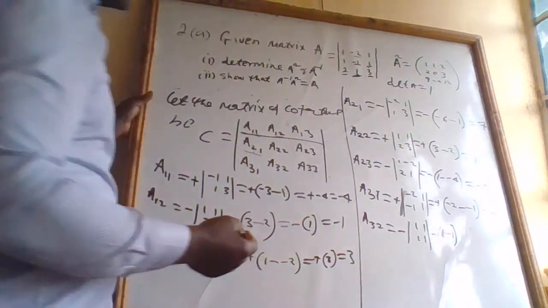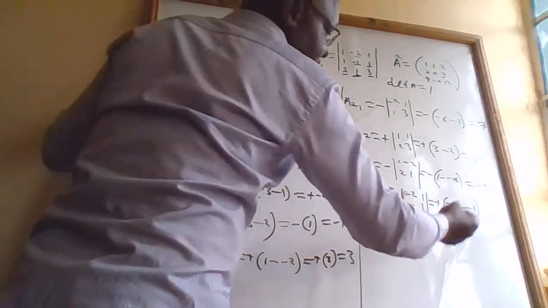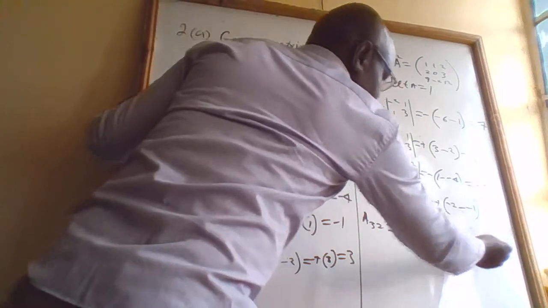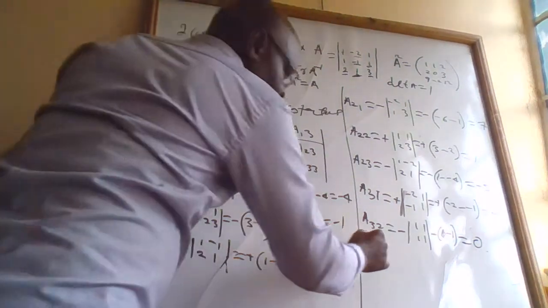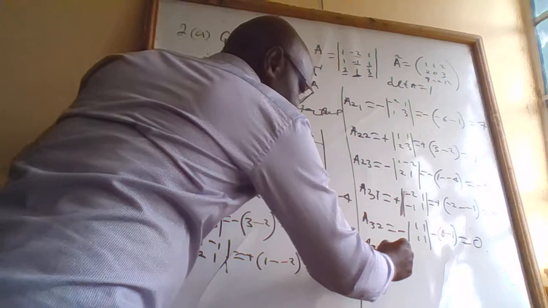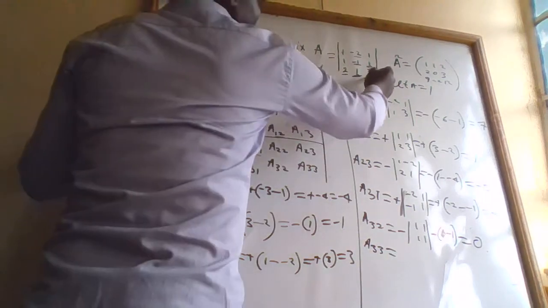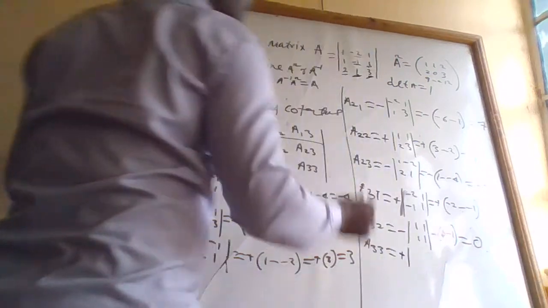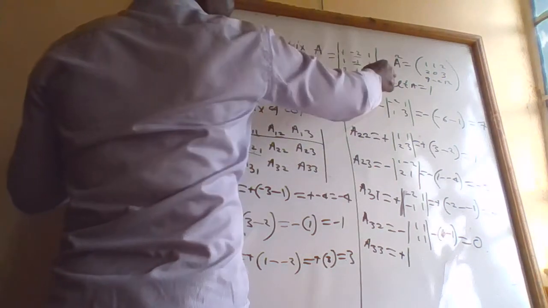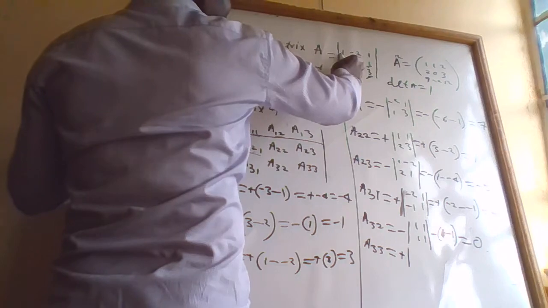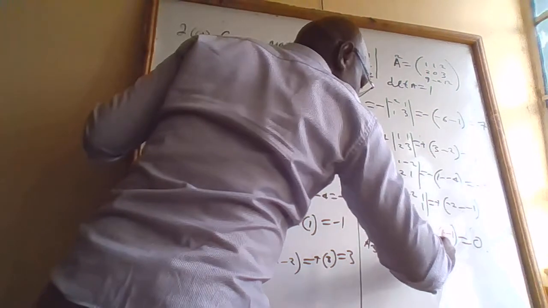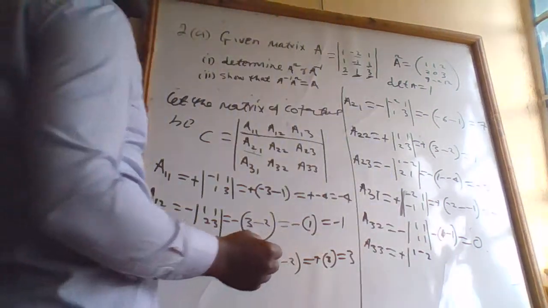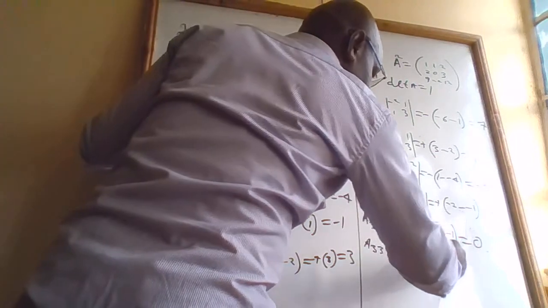So it will be 1 minus 1, 1 times 1, then this one equals 0. Then we have A33. The place sign of this element is positive, and then the minor of this element: we plug that column and this row, 1, negative 2, 1, negative 2, and then 1, negative 1.